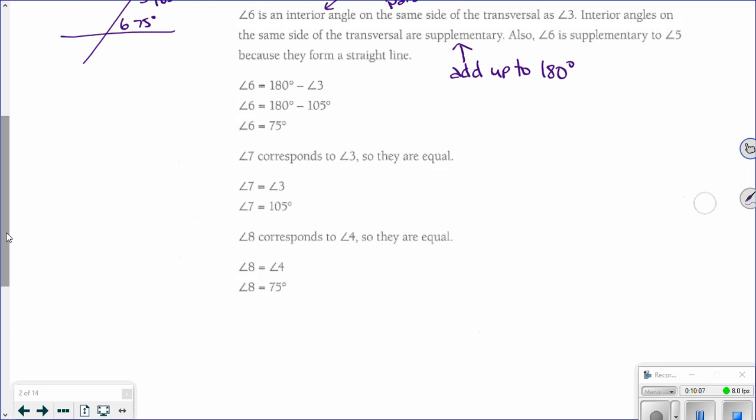There's lots of different ways of going about this. You can look for corresponding angles, you can look for supplementary angles, vertically opposites are equal, corresponding angles are equal. There's a million different ways of finding these things. You just have to look at what you know and where those angles actually are.